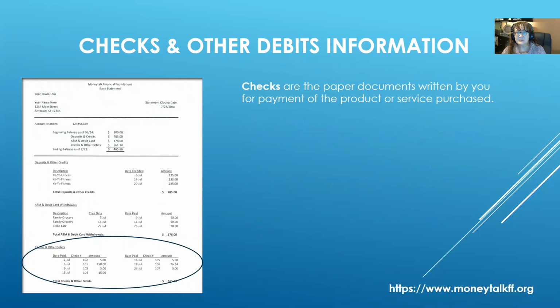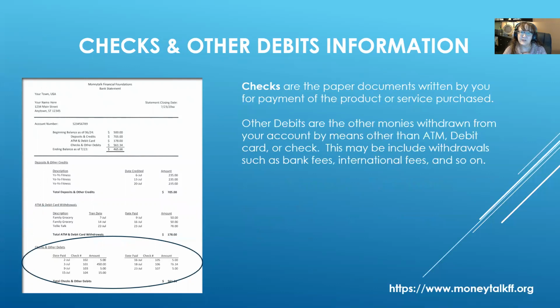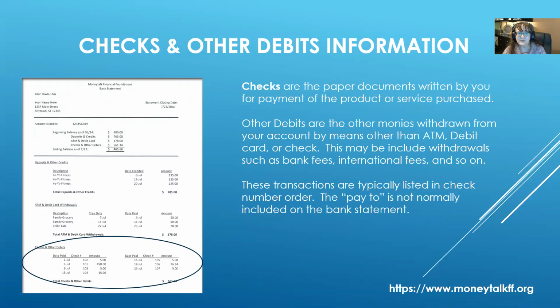In the last section, you have the checks. That's when you've actually physically written a check and mailed them out, as well as other debits being something other than ATM or a debit card. So that could be your processing fees and international fees as well, depending on how your bank or credit union chooses to group the information.